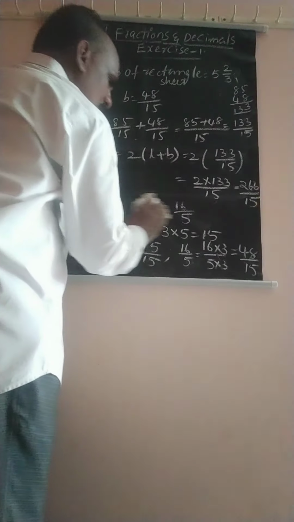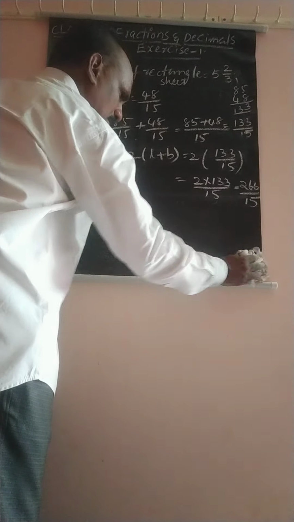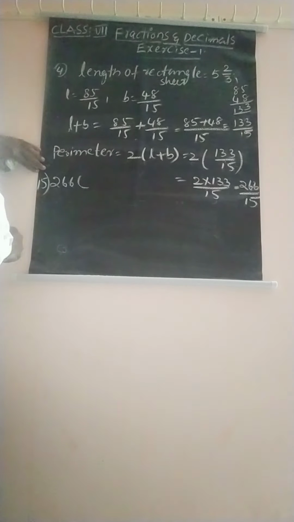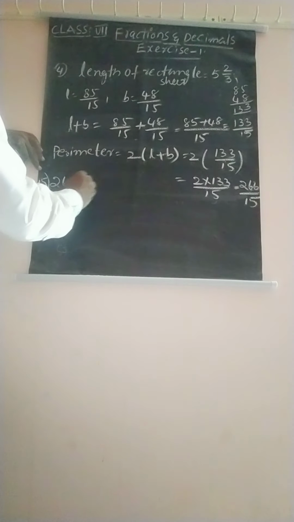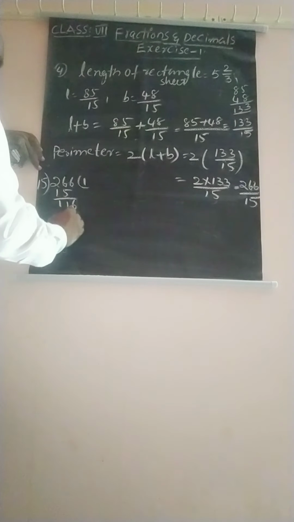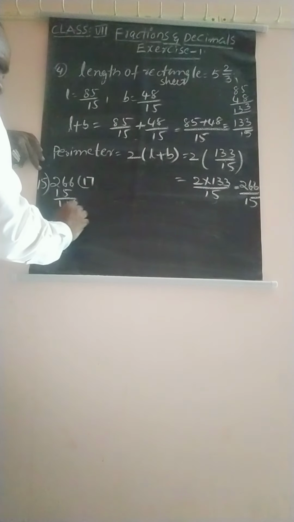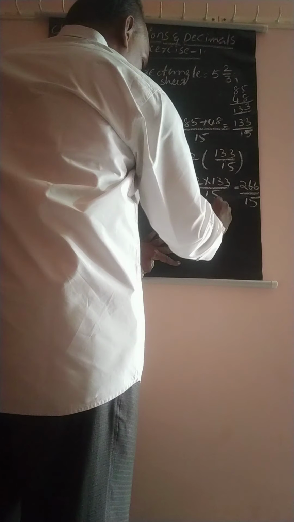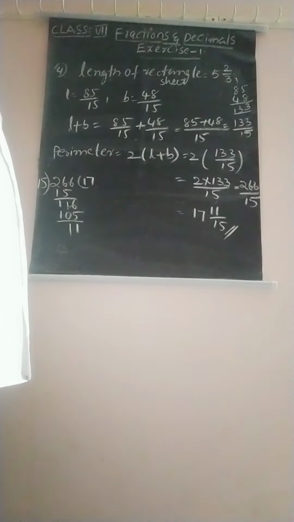Again, that should be changed into a mixed fraction. 266 divided by 15: 15 ones are 15, then 15 sevens are 105. So 266 by 15 means 17 and 11 by 15. This is the perimeter of the rectangle sheet.